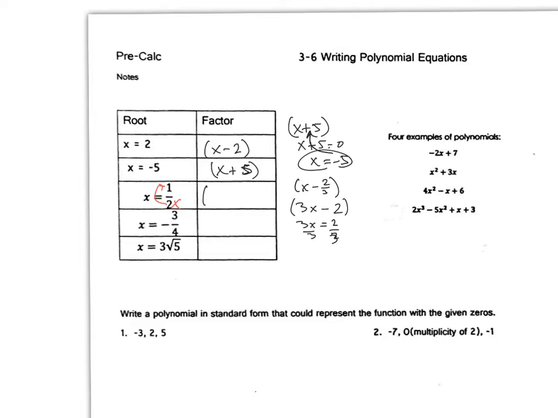So this would turn into 2x minus 1. And if we check that, 2x minus 1 equals 0, we get 2x equals 1 and x equals 1/2. So it does work. Again, denominator gets the letter and then opposite of the numerator.